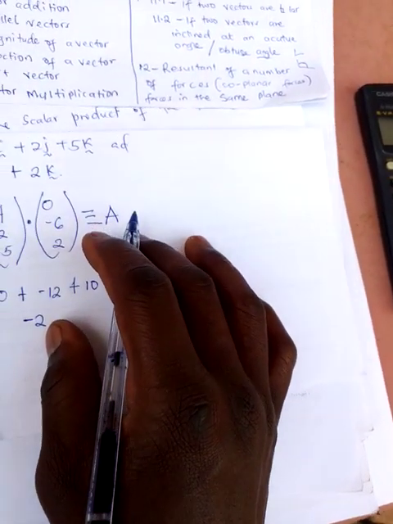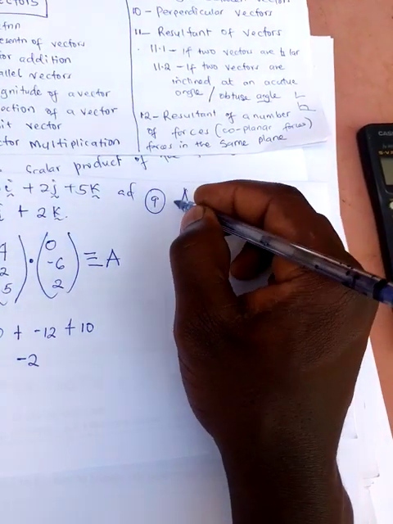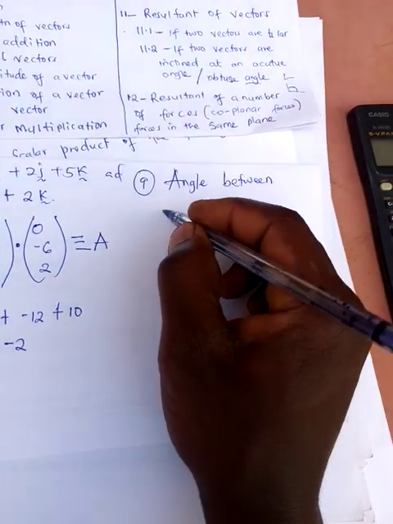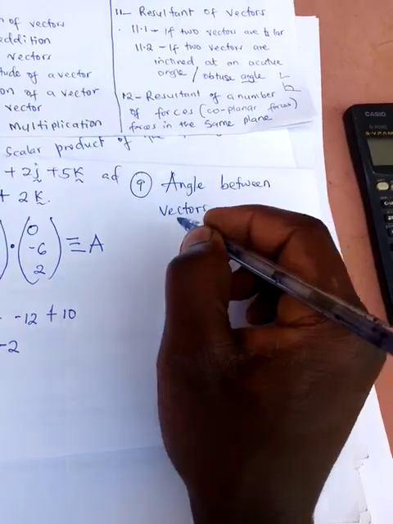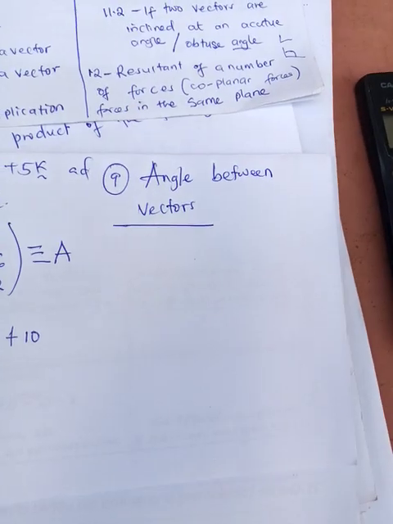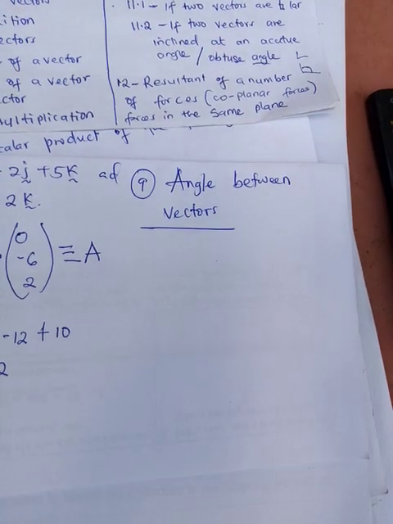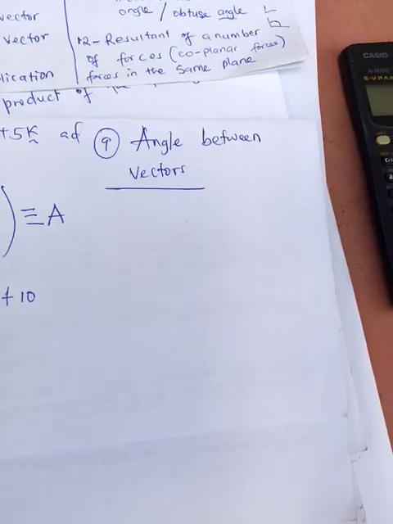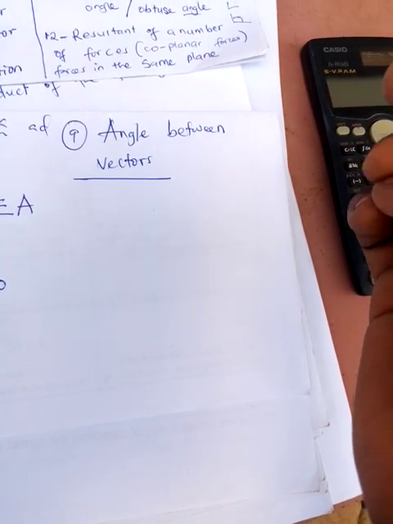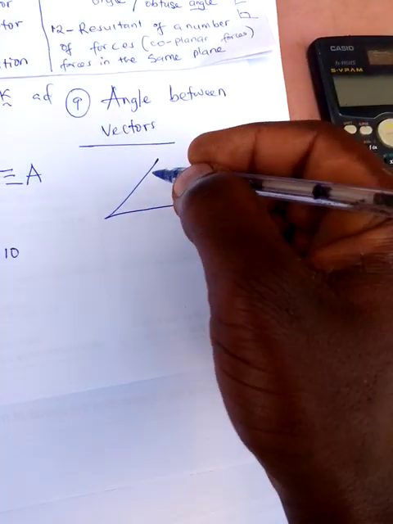Angle between. Now we have 12 things. Angle between. And we leave this topic. Angle between vectors. So, say if theta is the angle between vectors A and B, and it means I'm talking of this.